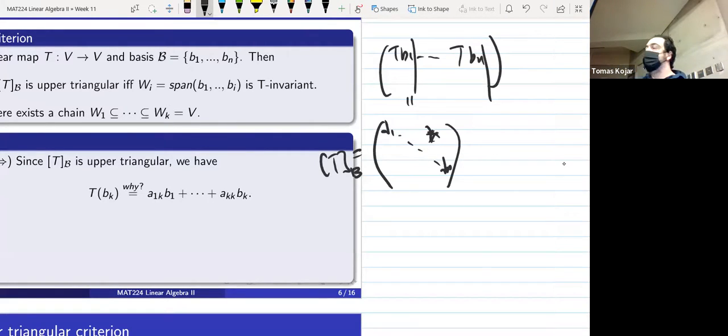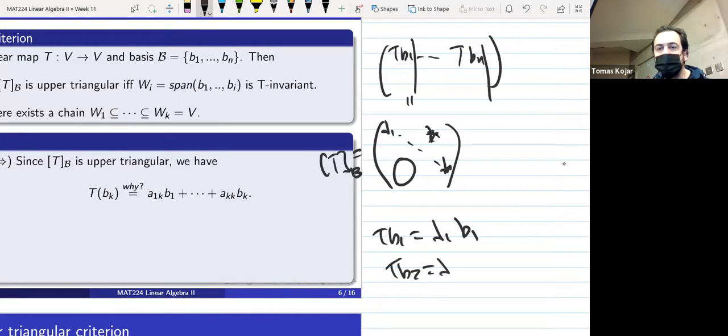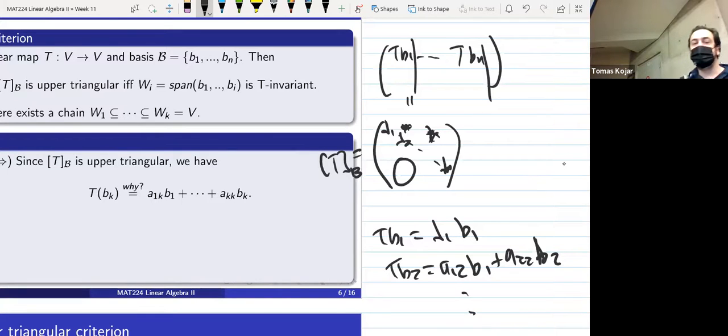And you can see that TB1 equals lambda 1 B1, TB2 equals some stuff, whatever that stuff is. Let me call it A12 B1, and then A22 B2, and so on. So each time we're just adding one more term.